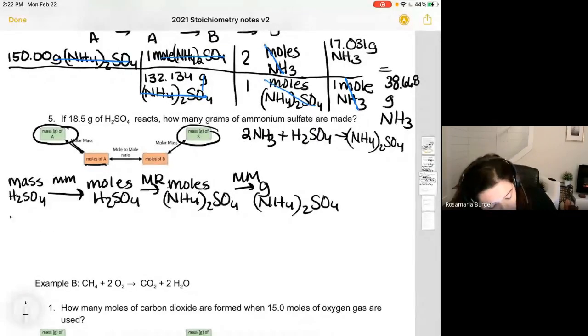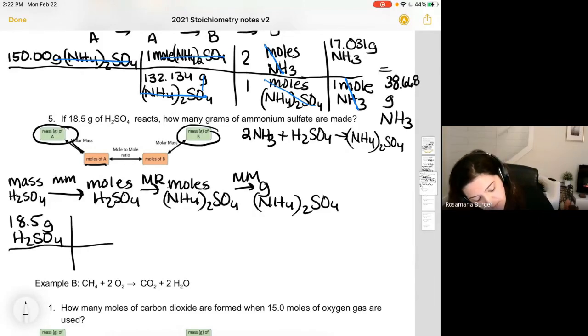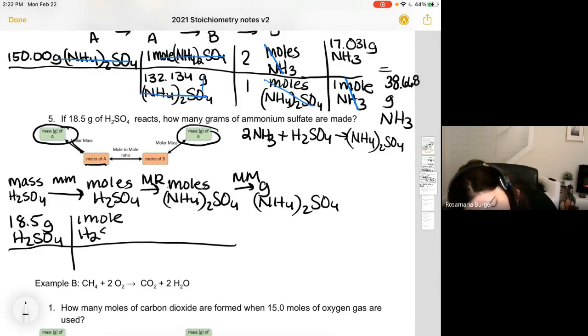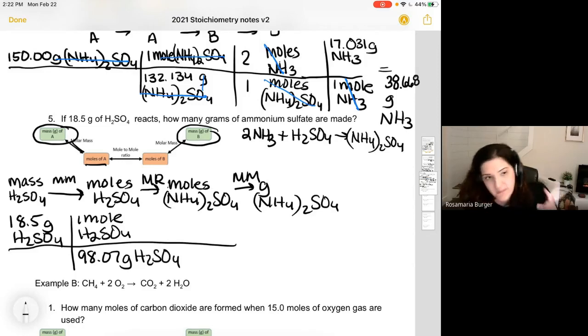We're given 18.5 grams of H2SO4. To get rid of grams and get moles, in 1 mole of H2SO4 there are 98.07 grams of H2SO4. It's given to you up higher on this document. And then the mole ratio, it's a 1-to-1 mole ratio.